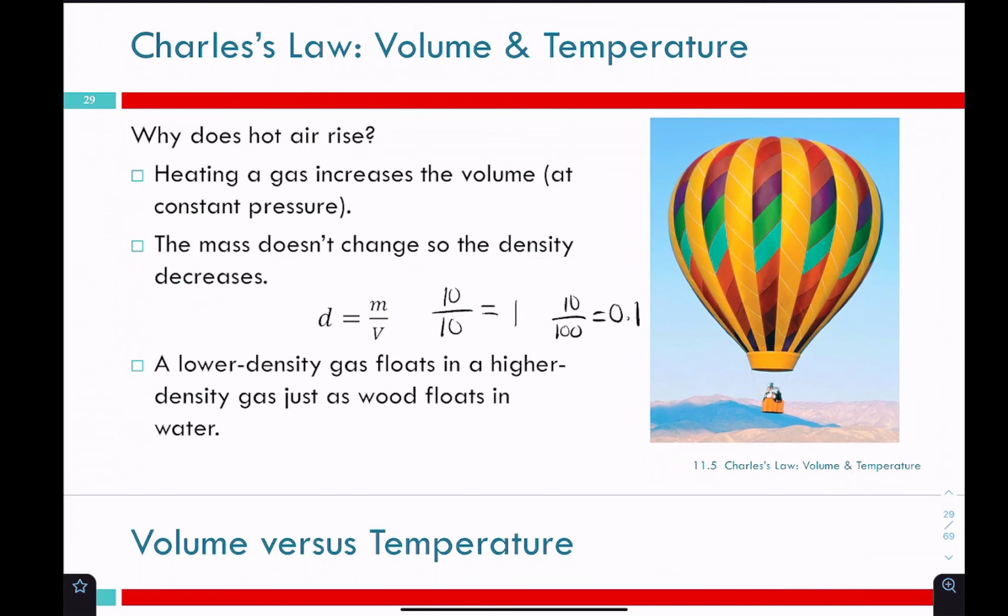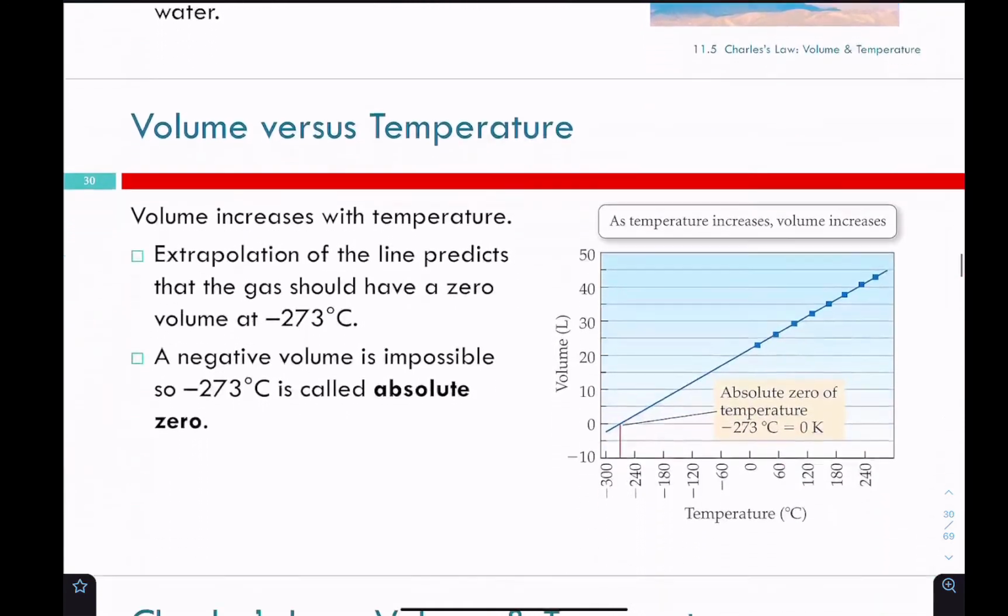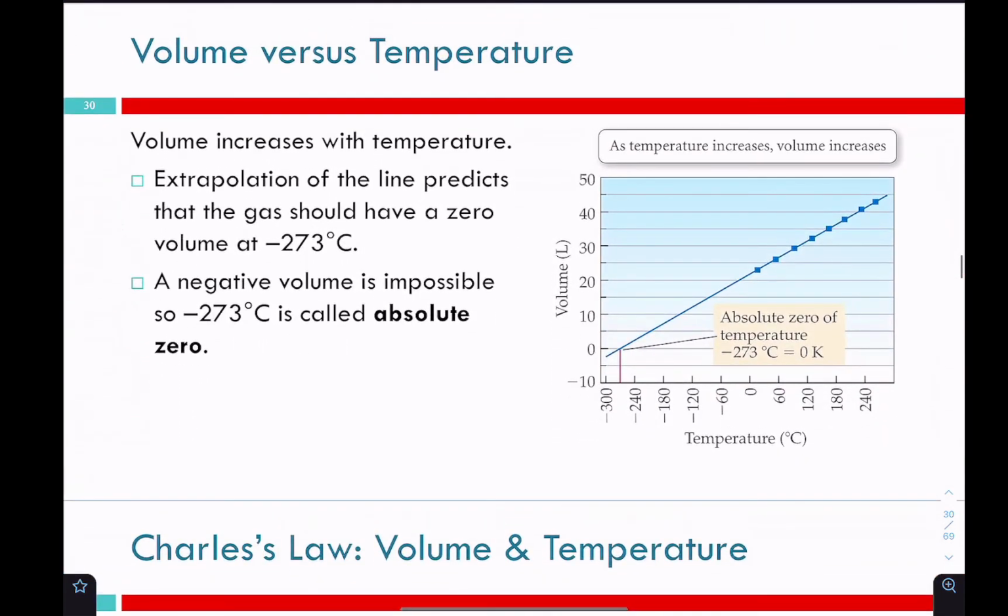So for hot air balloons, you increase the temperature of the gas and the volume increases. So here you have the volume increases with temperature. And if you do this calculation, you can extrapolate the line all the way back to negative 273 degrees C. And at that point, volume will equal about 0.